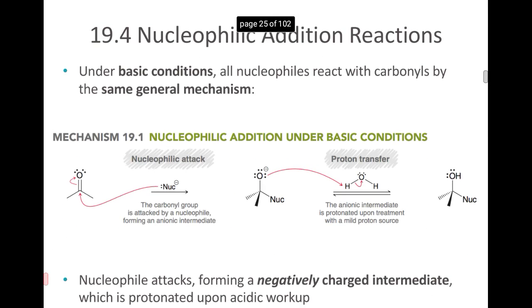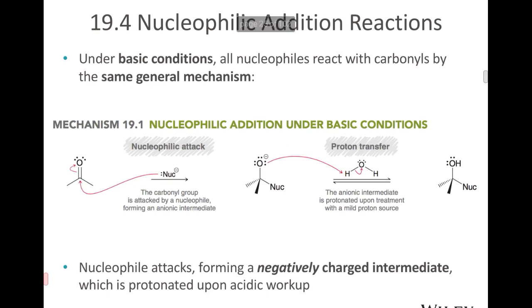So, nucleophilic addition reaction. We have a couple of mechanisms to look at now. Under basic conditions, all nucleophiles react with carbonyls by the same general mechanism. If it helps, draw the dipole in every time you look at this. I have my negatively charged nucleophile because I'm in basic conditions, so it's not going to be protonated.